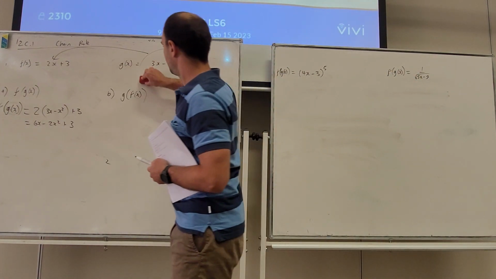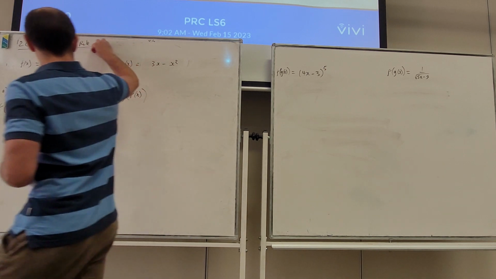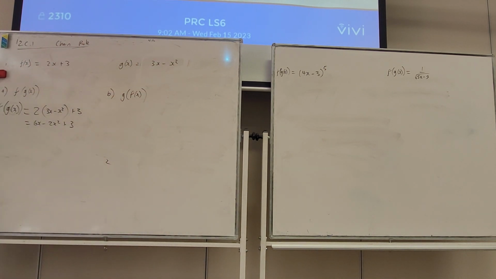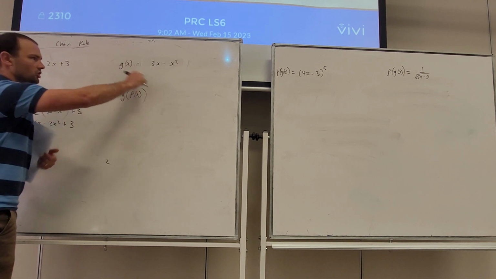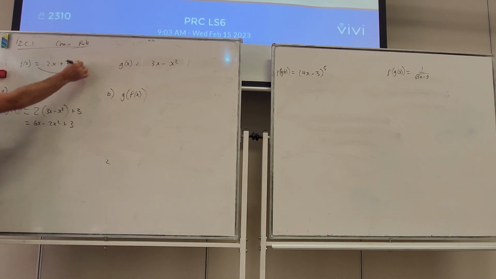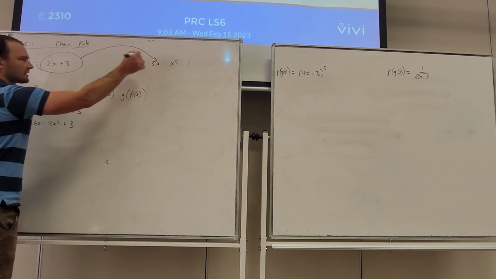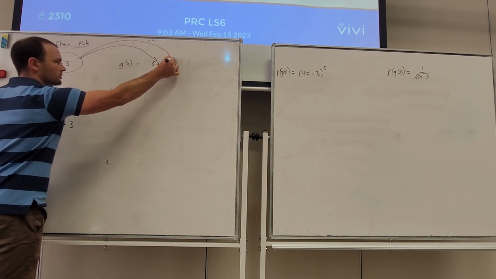Okay, next we're asked to find g of f of x. So now g is the big function. We're putting f of x into g. So we're going to take the f of x function and we're going to put it everywhere there's an x in the g of x function.